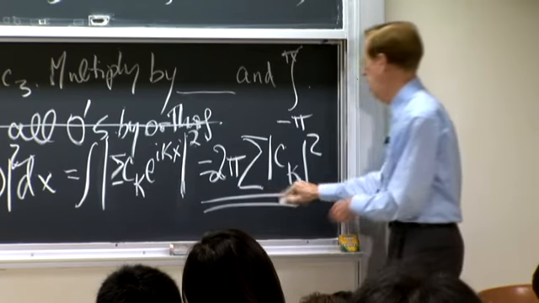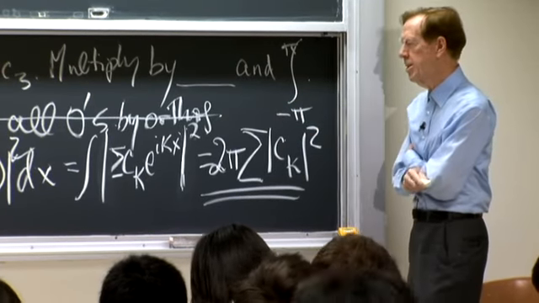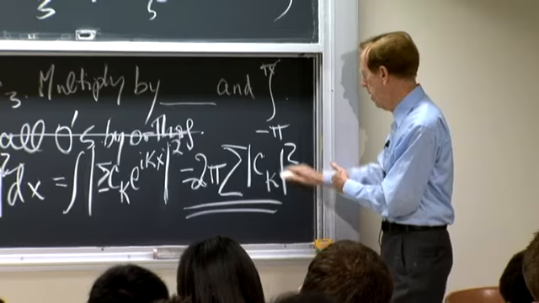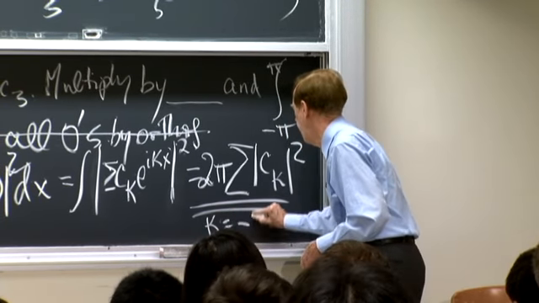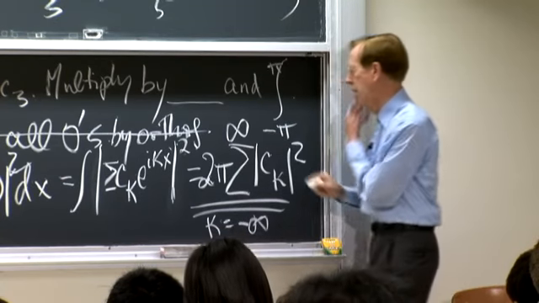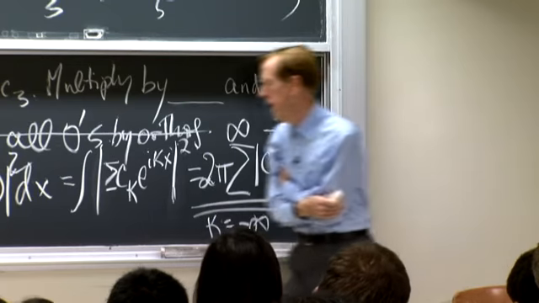That's the energy in the coefficients. That's the energy in k space. And of course, that sum goes minus infinity to infinity. I've got them all. Here's the energy in x space.